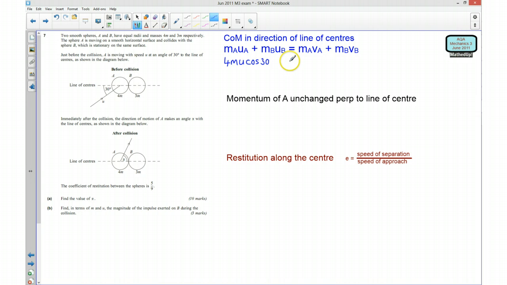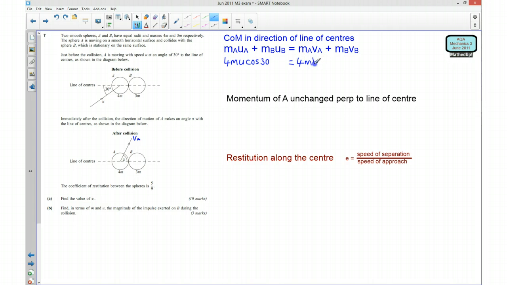Okay, so that's going to be equal to the mass of A times the final velocity of A, so the mass of A is 4m, and the final velocity of A, well, we're going to call that VA. So this here is VA, but we of course want this along the line of centres, so it's going to be VA cos alpha.